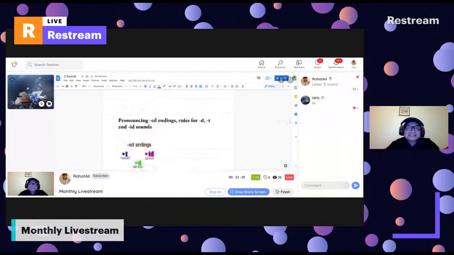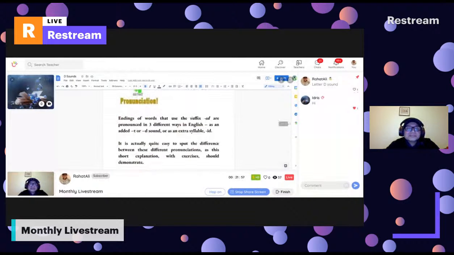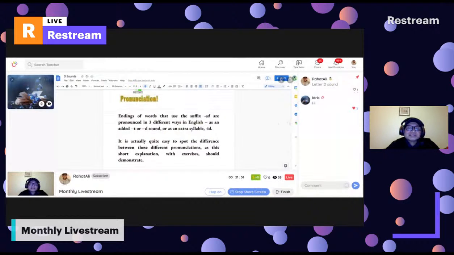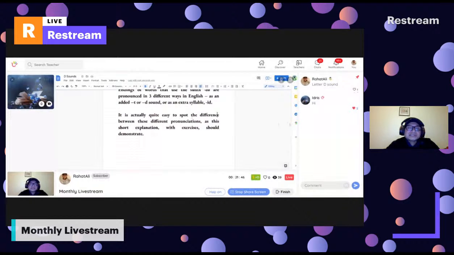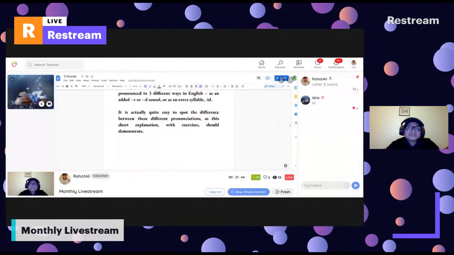Pronouncing ED endings: D, T, and ID. Endings of words that use the suffix ED are pronounced in three different ways, as an added T or D sound or an extra syllable ID. It's actually quite easy to spot the difference between these pronunciations with this short explanation.